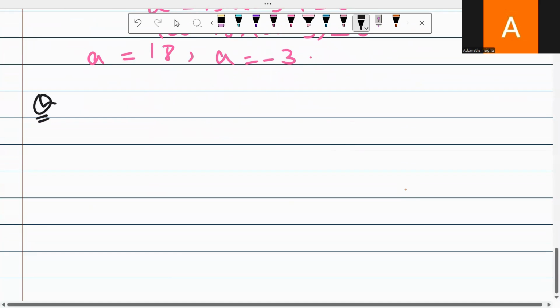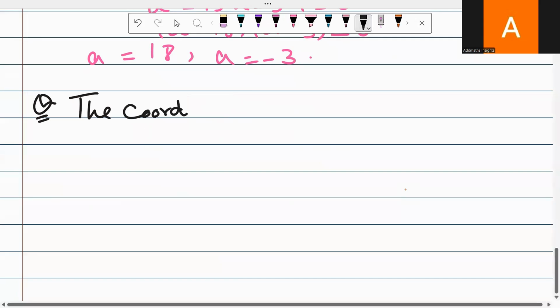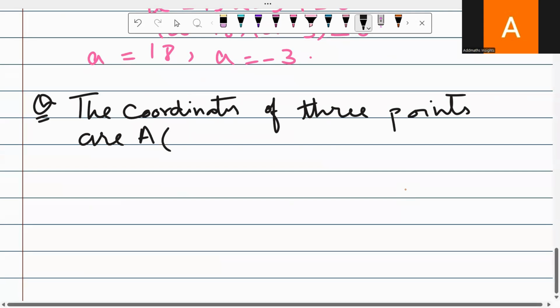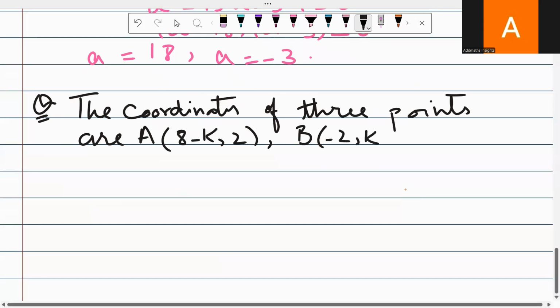Question: the coordinates of 3 points A, B, and C are A (8, minus k2), B (minus 2k), and C (minus 8, 2k).